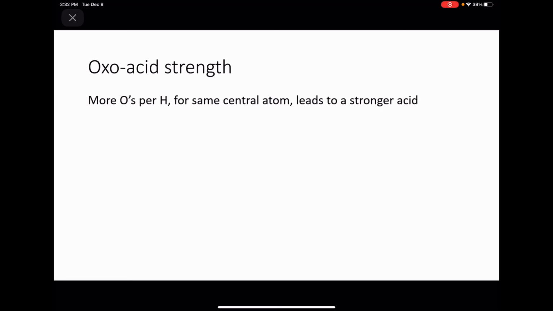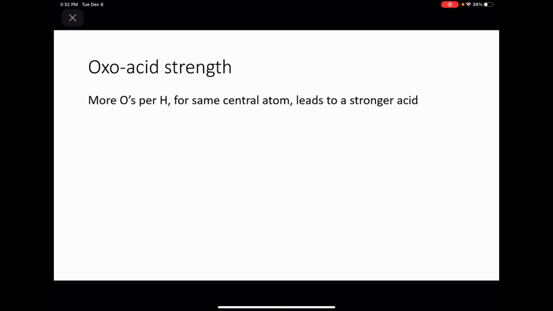And then the last one we're going to deal with, if we have an oxo acid, something like nitric acid or sulfuric acid or sulfurous acid, sometimes there is a similar central atom, say nitrogen or sulfur, but they also have different numbers of oxygens. Each one of them may be acidic.